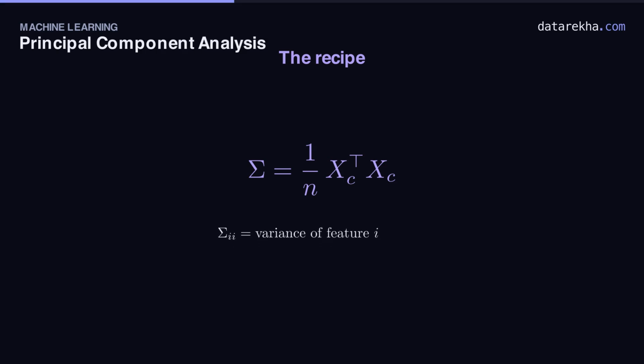Read it like a table. Each diagonal entry is the variance of one feature. Each off-diagonal entry is the covariance between two features, how they move together. And because pairings are symmetric, sigma equals its own transpose. That one fact is about to hand us everything.